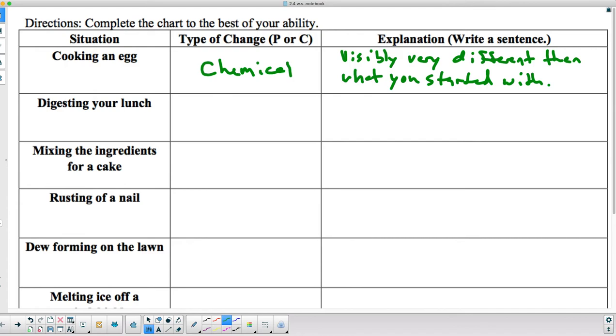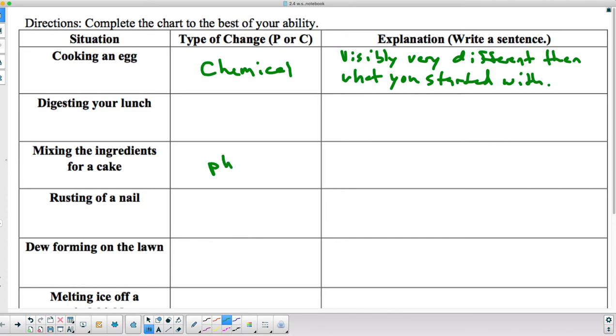Then there's another part that says the mixing of ingredients for a cake. Now, yes, when you mix ingredients for a cake like flour and sugar and salt and an egg and milk or whatever, like water, whatever you're putting all together there, those things do look different when they're separate and then you put them all together, but it's usually not a huge change visibly. There's still, okay, water looks wet and so does the cake batter, still looks kind of wet, and that's because you're combining.